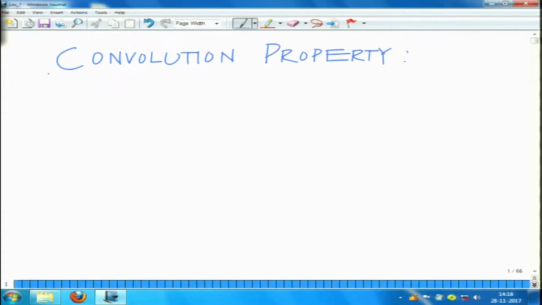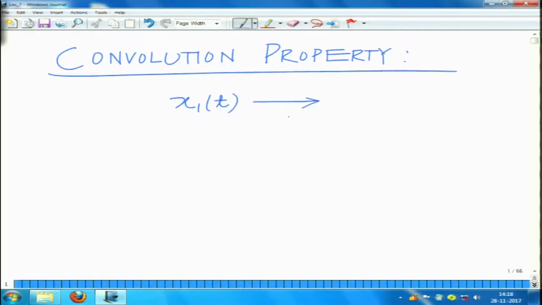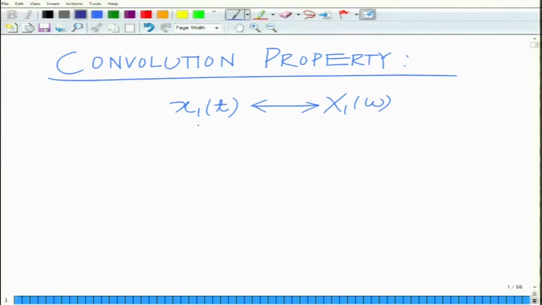This is as follows: we have x1(t) which has the Fourier transform X1(omega), and we have x2(t) which has the Fourier transform X2(omega).